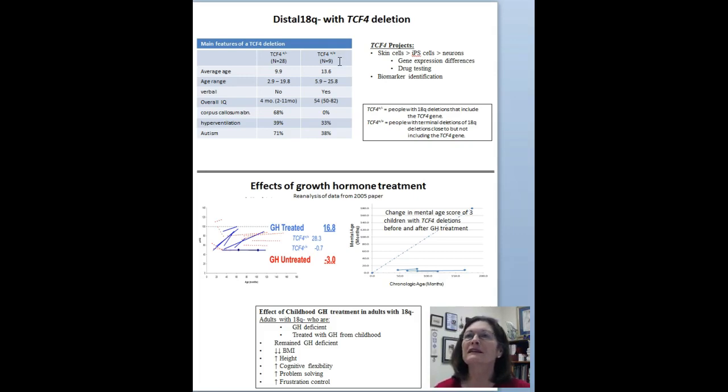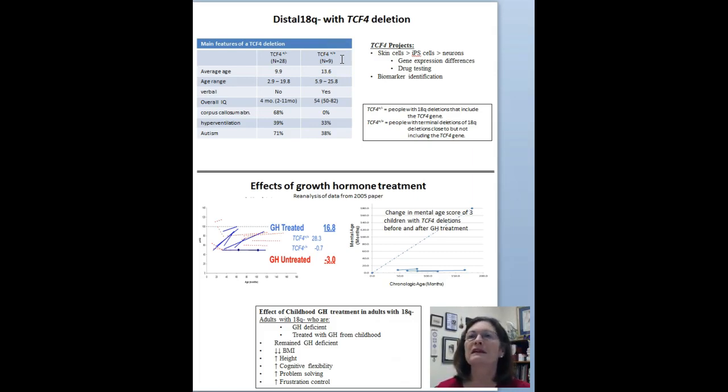And this is the reason this is only 9 people: these are 9 people who have deletions that are terminal deletions of 18q that come right up close to TCF4 but don't include it. So really the difference between these two groups is the difference of TCF4, and that's it.